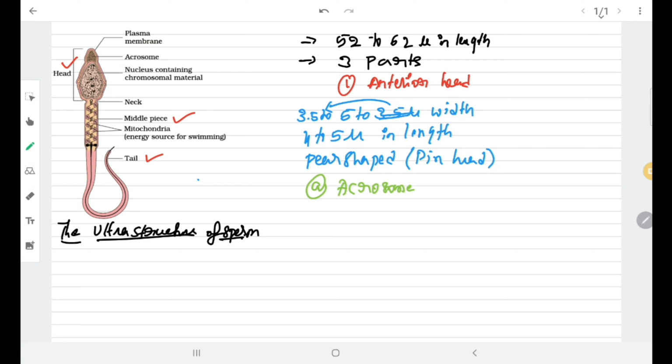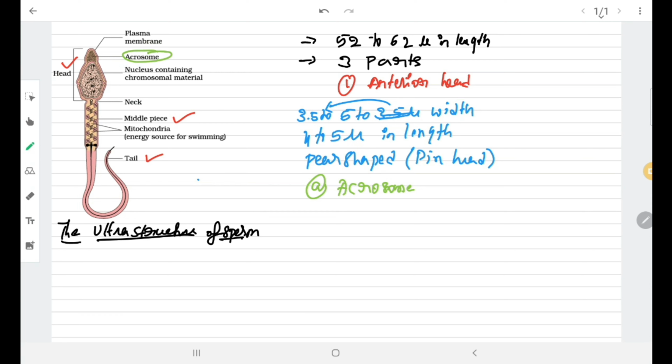The first part of the sperm we can see here. This part is termed as acrosome. And the second one is the nucleus, a large amount of nucleus which contains chromosomal material.